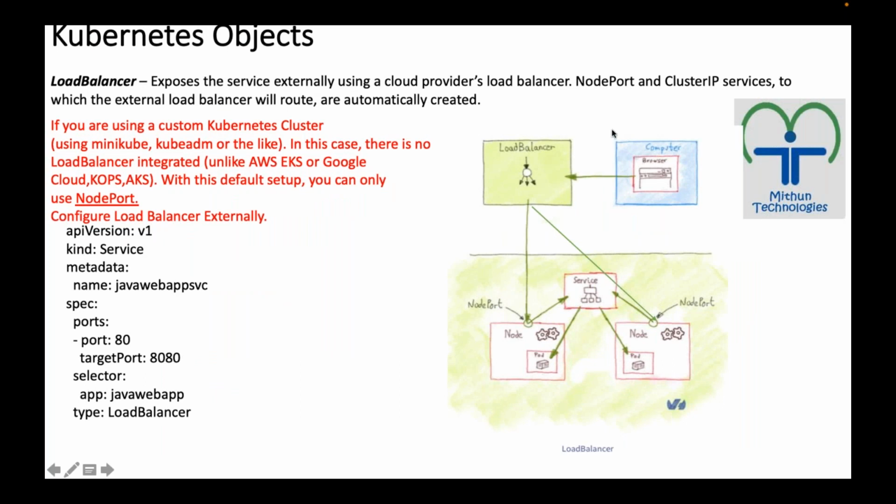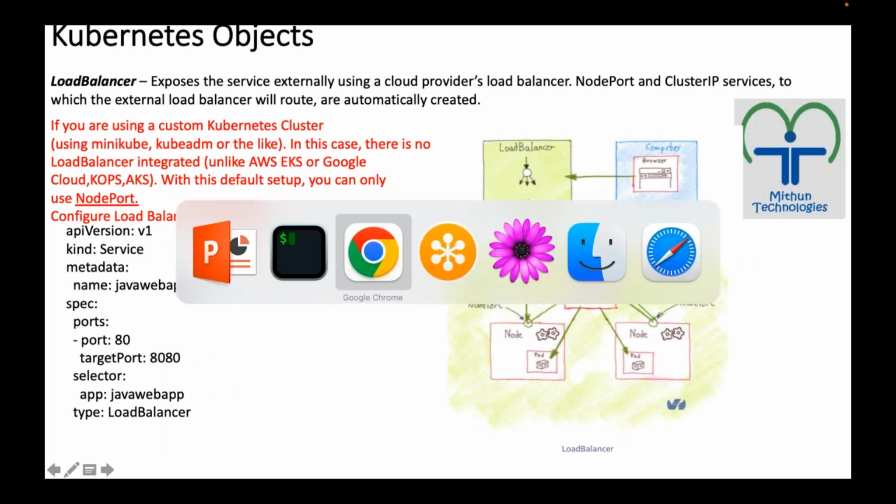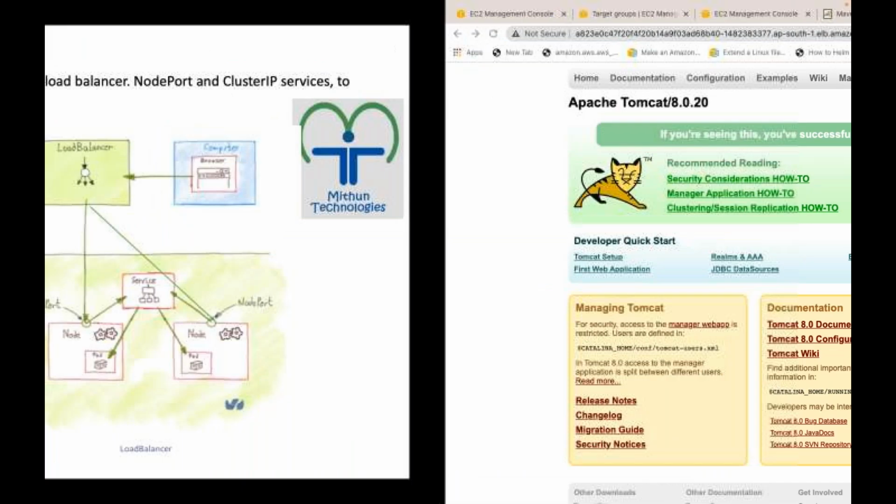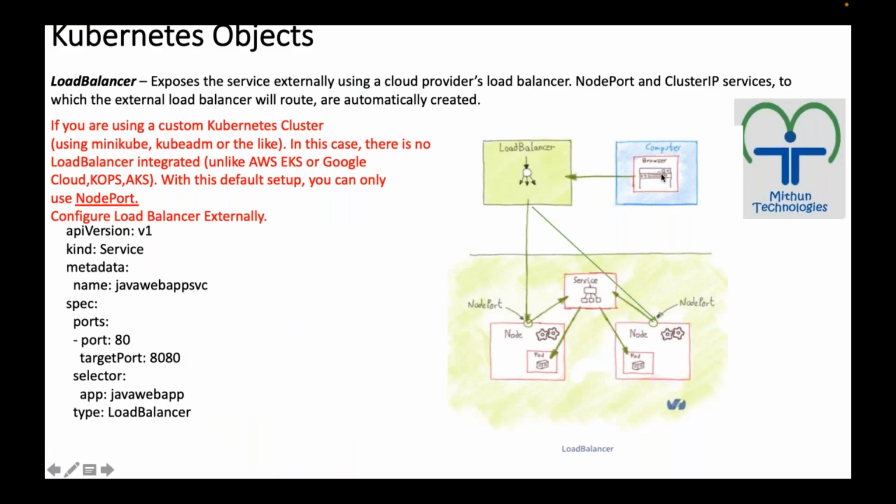So I am one customer, one user. Am I using this load balancer? Yes. Is the request going to the load balancer? Yes. The load balancer is accepting the traffic on port 80.